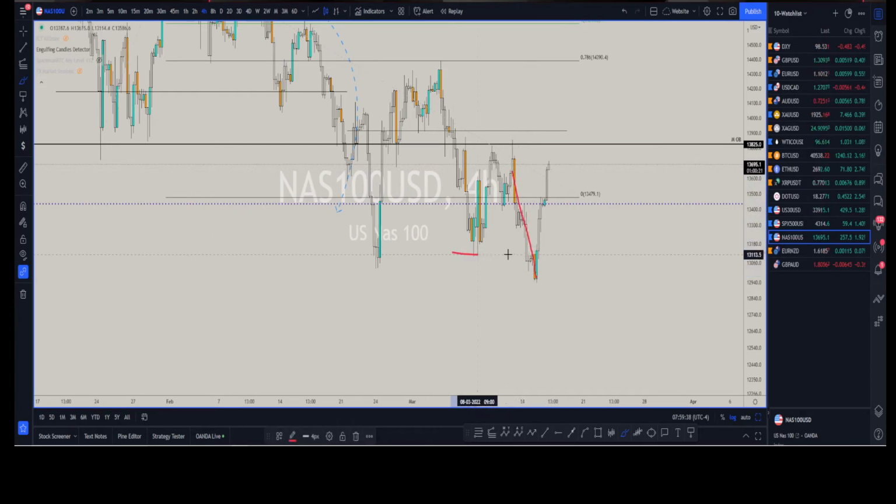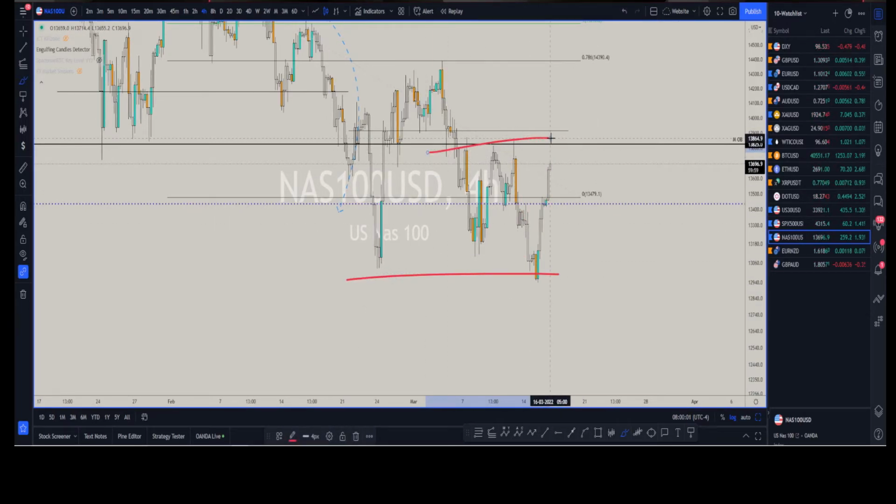Come down, go back up, then continue back down. Hopefully by drawing and visualizing it, you can see it. It's all about this.